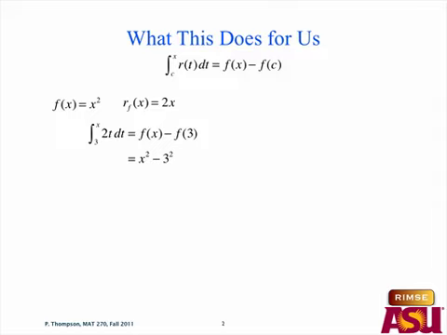Okay, so rate, and now we have closed form accumulation from rate. But in order to do that, what did that require that we had?